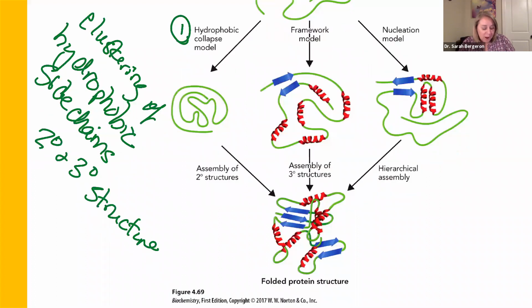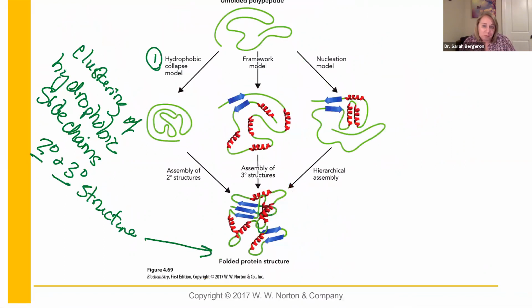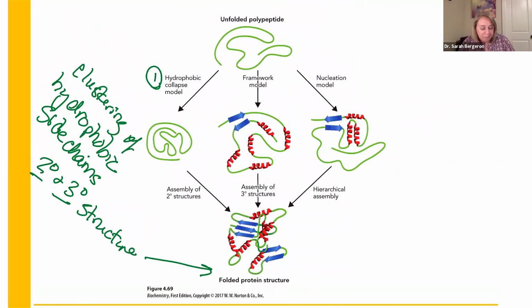Once you get secondary, then you get tertiary, and then you have this completely folded structure. So it's really the hydrophobic interactions folding in that make the protein fold properly.